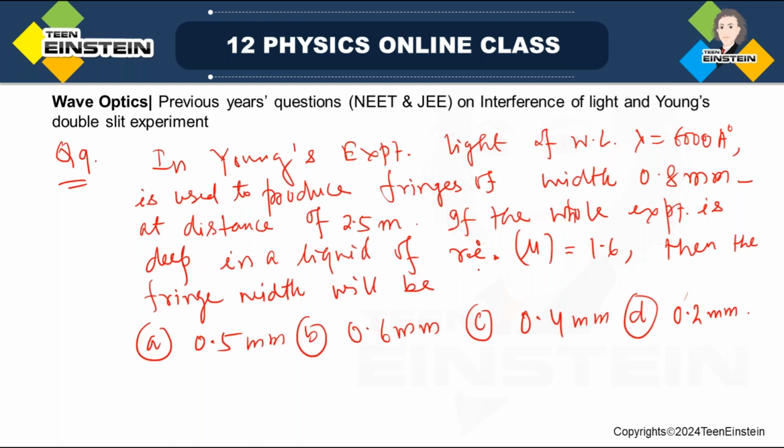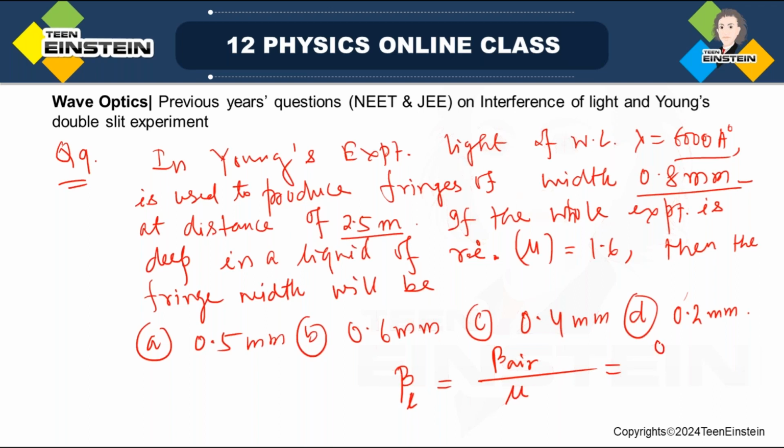Okay, so as we know, the fringe width beta has already been given, so no need to use the wavelength etc. We would have used D lambda by d, but d is also not given. So what to do? Beta in liquid will be beta in air divided by mu.